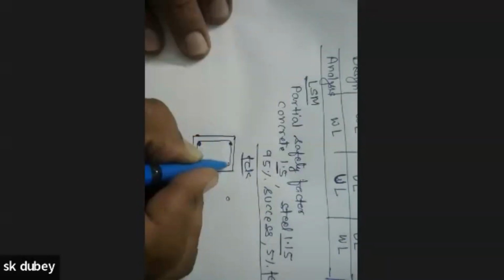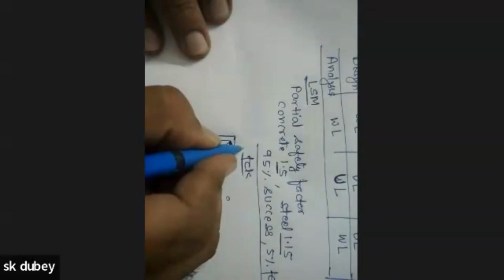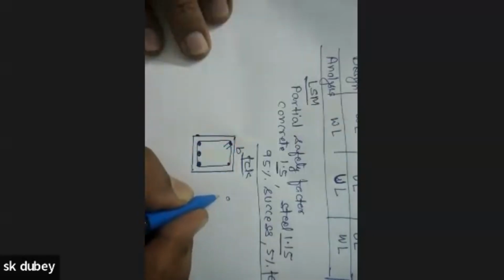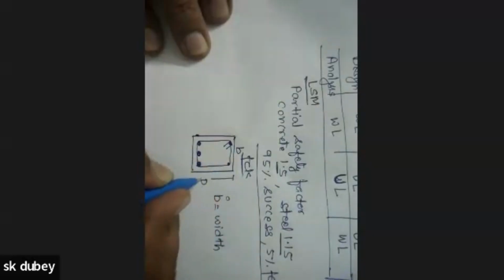Don't make it like this, it is not the correct way. And you have to show the stirrups like this, with one hook. Here, this is your b. b is nothing but width. D is the overall depth.